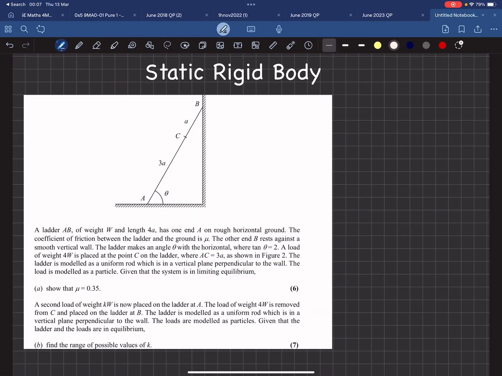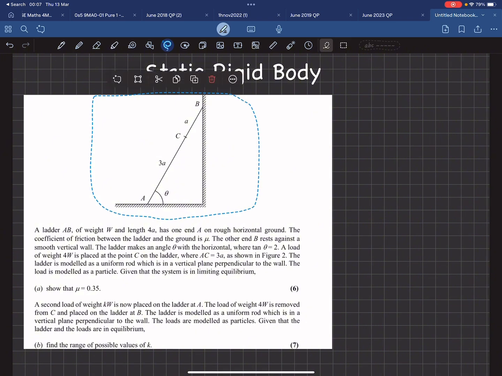Hi guys. So static rigid body is one specific area where people have to pay attention, because it's really important that you score most of the marks, and most of the marks are going to be scored from marking all the forces and resolving all the forces, and then having a structured method to solve the problem.